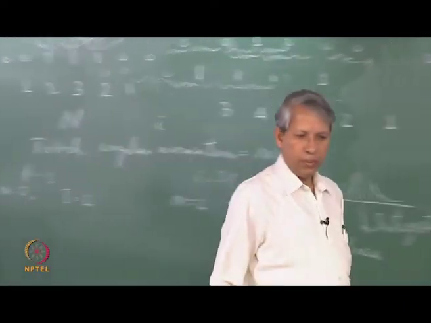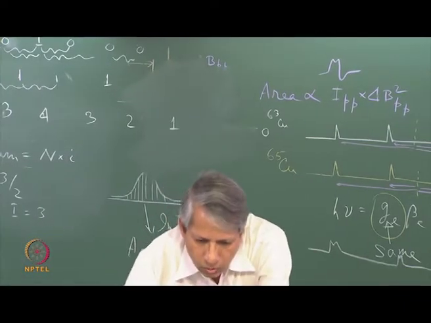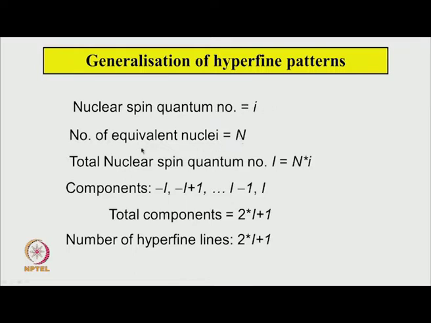So the total nuclear spin quantum number becomes n times I, and its components will be minus I to plus I, changing in units of 1. So the total components are therefore 2I plus 1.